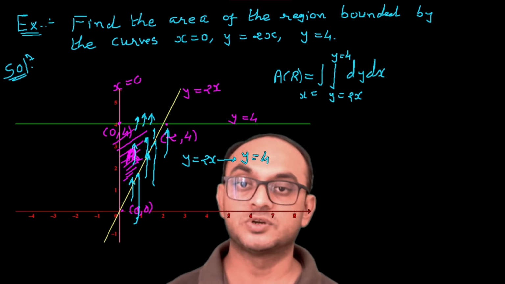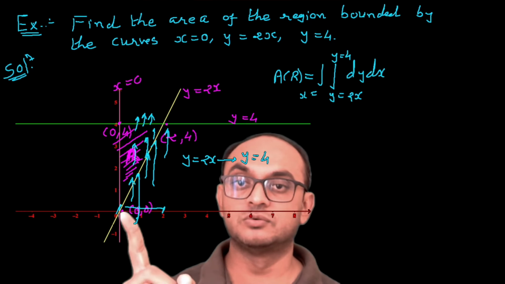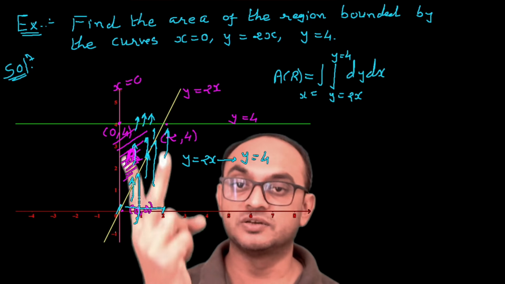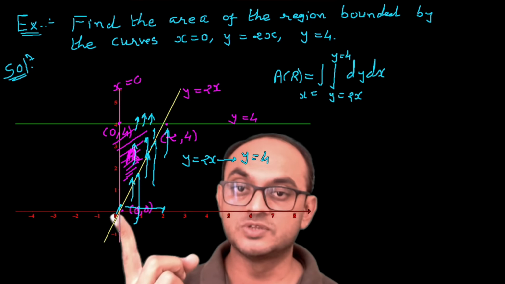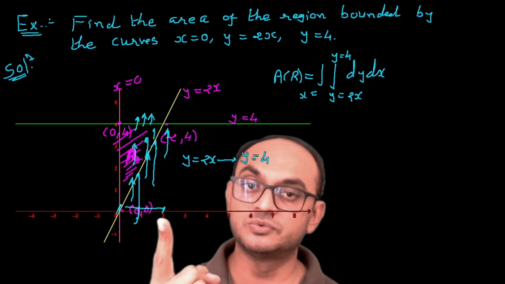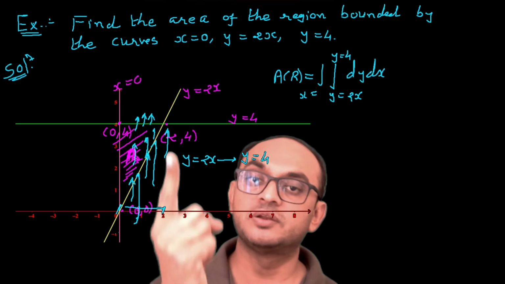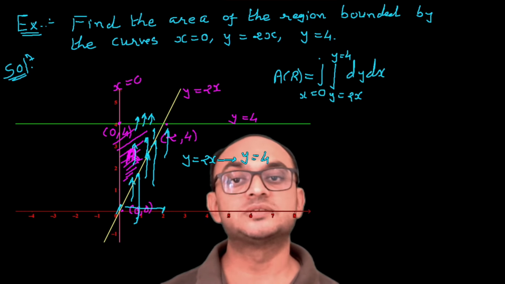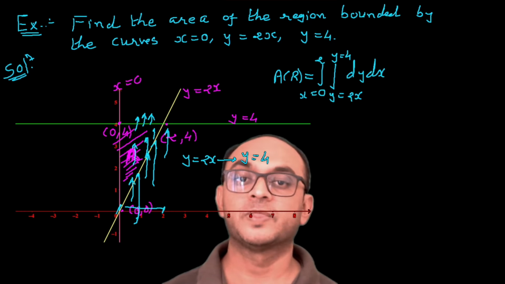So this is the portion of the x-axis, x equal to 0 to x equal to 2, covered by the region. X equal to 0, the left hand side point, becomes the lower limit. X equal to 2, the most right hand side point, becomes the upper limit. So x is equal to 0 to x is equal to 2.